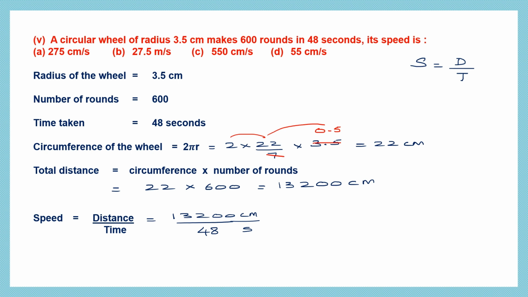Now let's divide 13,200 by 48. When you divide this, you get 275. So this will be 275 centimeter per second. The speed is 275 centimeter per second, and that is option A. So we have found the speed.